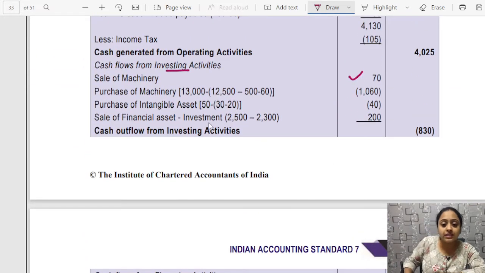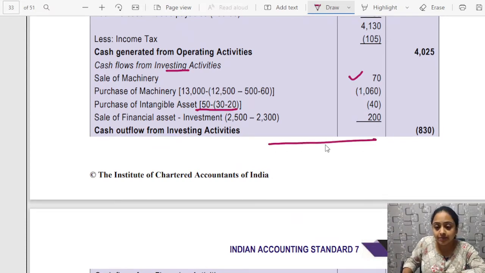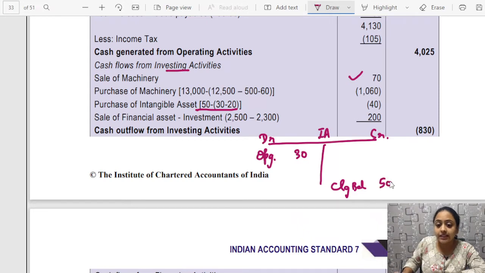See, if we talk about intangible asset, I can show you. Debit balance and credit balance. Opening figure is 30, and closing balance is 50. There has been depreciation of 20, so the credit part is 20.